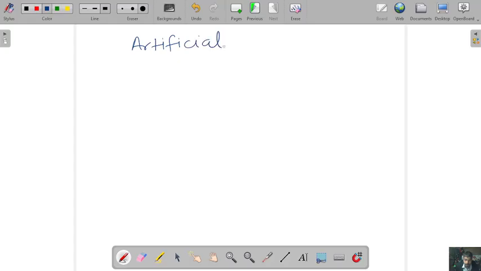Artificial neuron. Okay, so today we will discuss about artificial neuron, and here four things like dendrites.